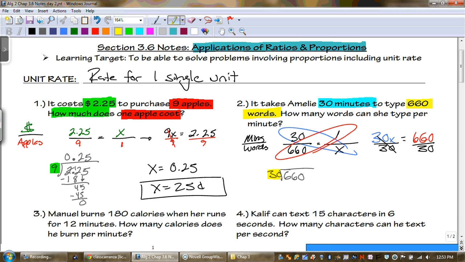Okay, so how many times does 30 go into 66? Only goes twice. Okay, you subtract, drop down the 0. How many times does 30 go into 60? Twice. Okay, so these aren't going to be too bad, guys. All right, so x equals 22 words.